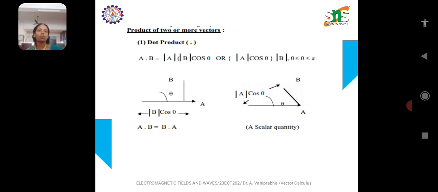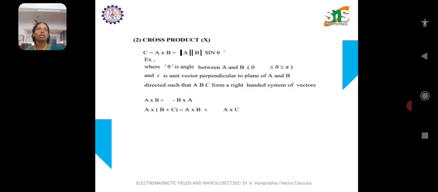Next is cross product. Cross product is otherwise called vector product, where C is equal to A cross B, which is equal to magnitude A, magnitude B and sine theta, where theta is the angle between A and B. And n is the unit vector perpendicular to the plane of A and B, directed such that A, B, C form a right-handed system of vectors.